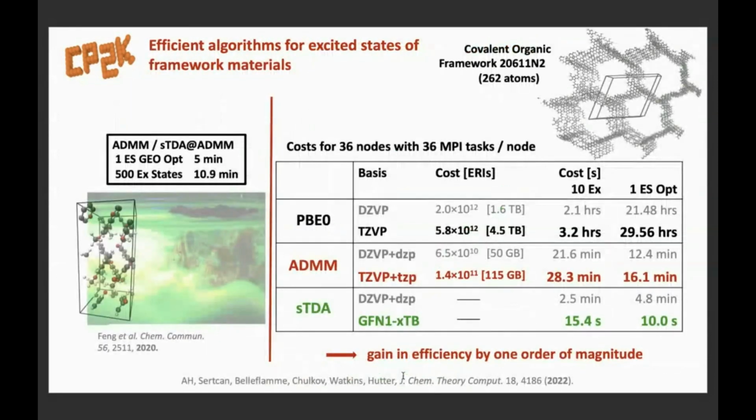And here's again a final motivation for this semi-empirical kernel, showing timings for this covalent organic framework for the computation of 10 excited states or one excited state geometry optimization. And you see that if you're going from conventional DFT to ADMM to STDA, you always gain one order of magnitude.